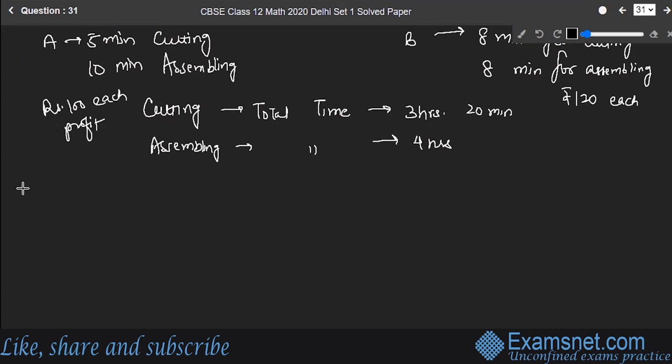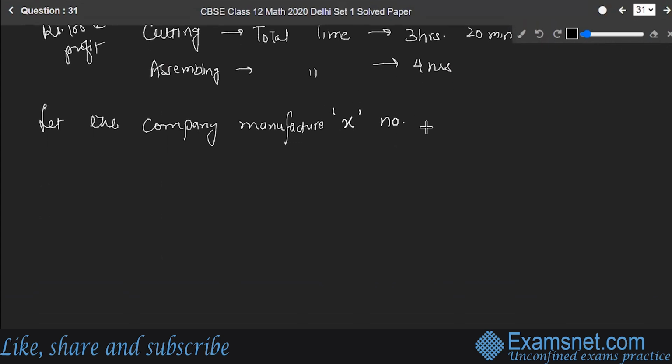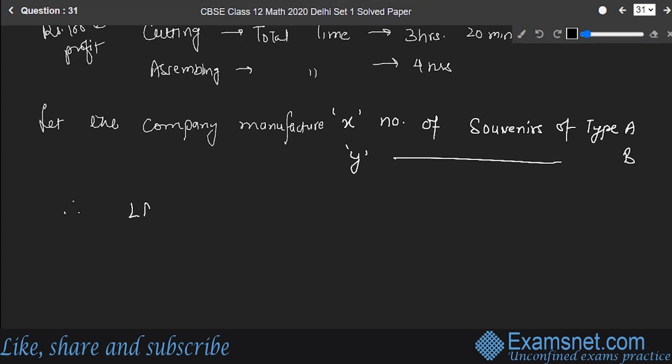So first of all, let the company manufacture X number of souvenirs of type A and Y number for type B. Therefore, the linear programming problem is to maximize the profit, which is given by P.